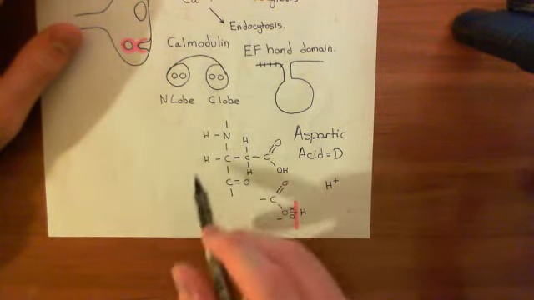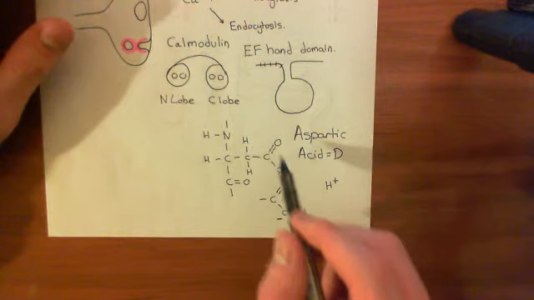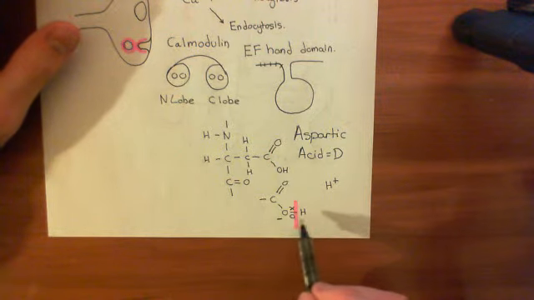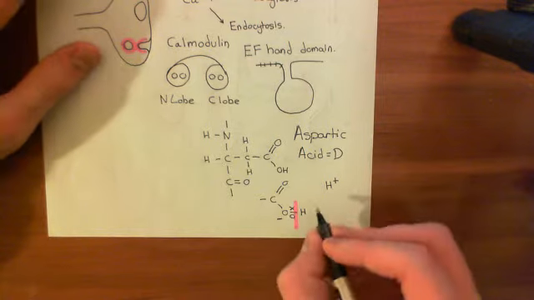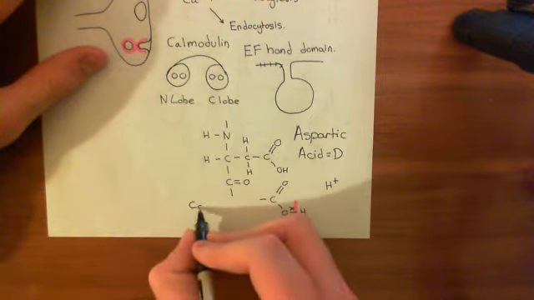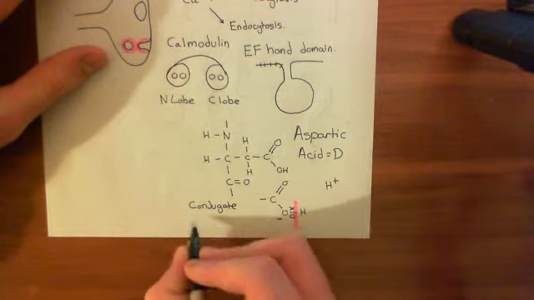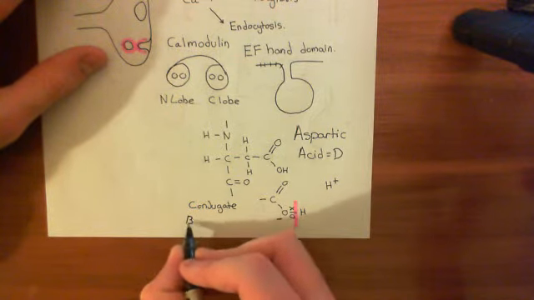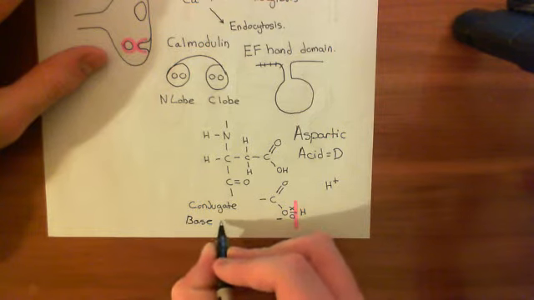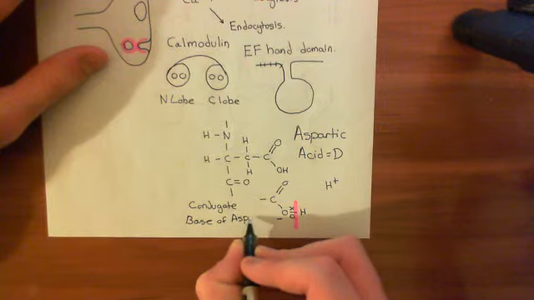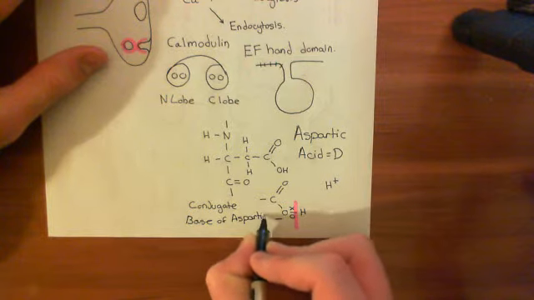Now, the structure that you're left over with, the aspartic acid where you've got this carboxylic acid group where the oxygen has a negative charge and no proton, this is known as the conjugate base of aspartic acid, and it even has its own name. The conjugate base of aspartic acid is called aspartate. Okay, so that's the strict difference between aspartic acid and aspartate.